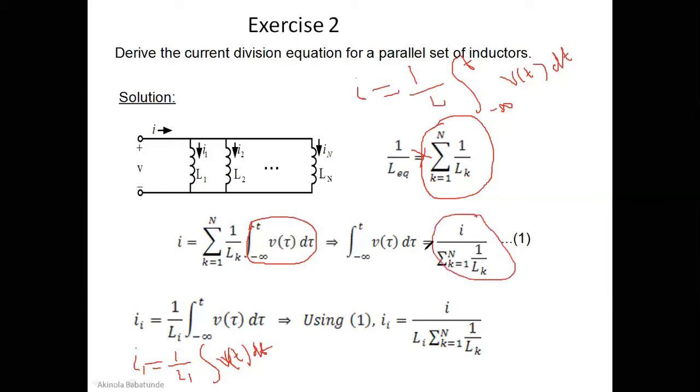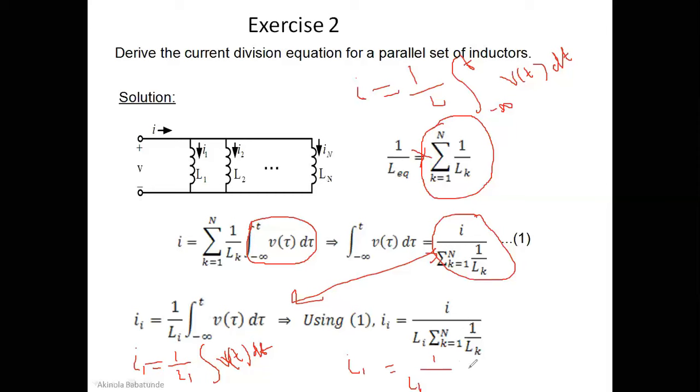So combining equation 1 with this equation will give us I of i. We could say I1 will therefore be equal to 1 divided by L1, summation of all the inductors that we have in the circuit.